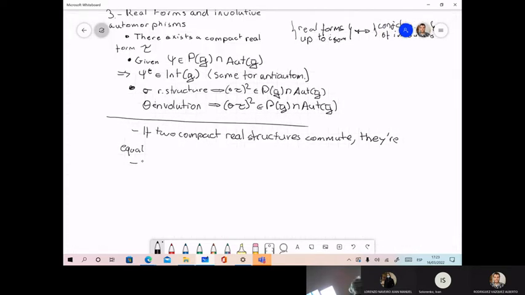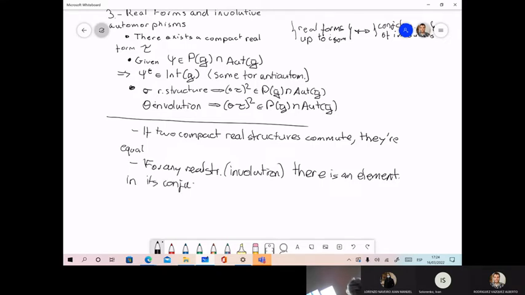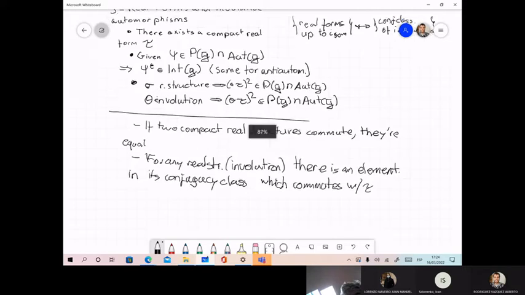And the following also: for any real structure or involution there is an element in its conjugacy class which commutes with our fixed compact real structure.